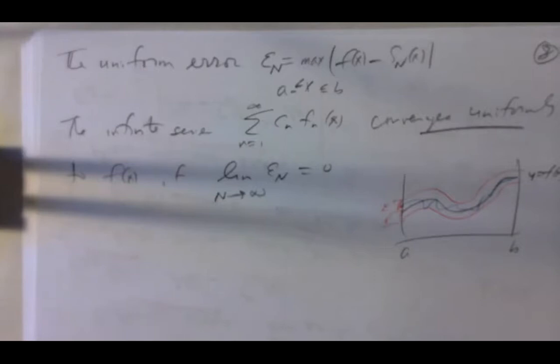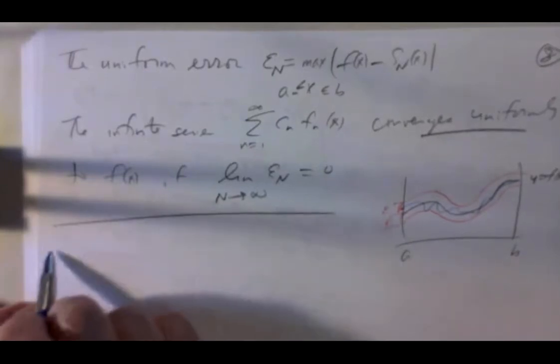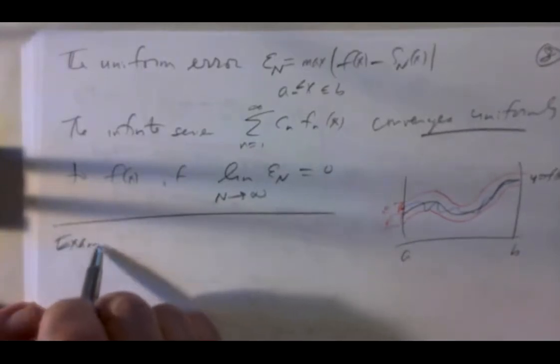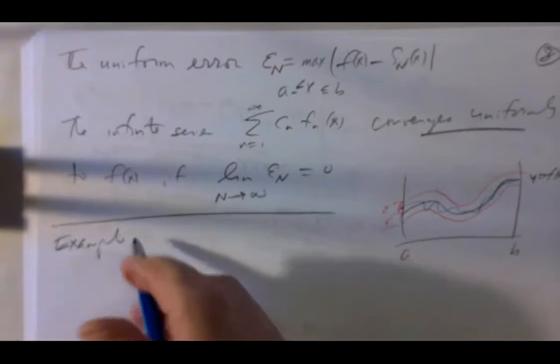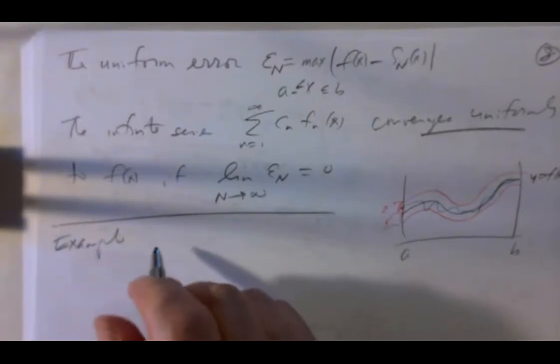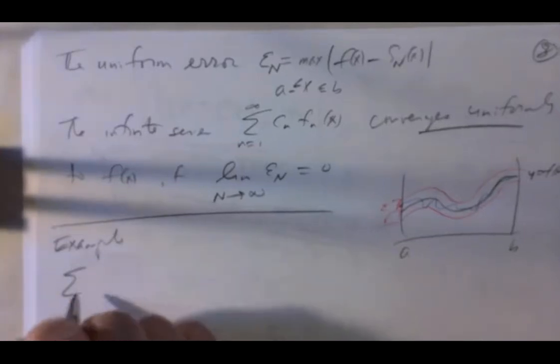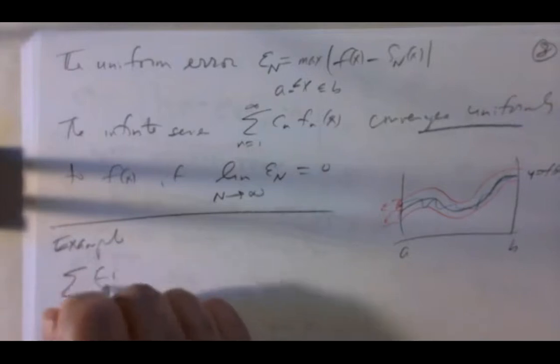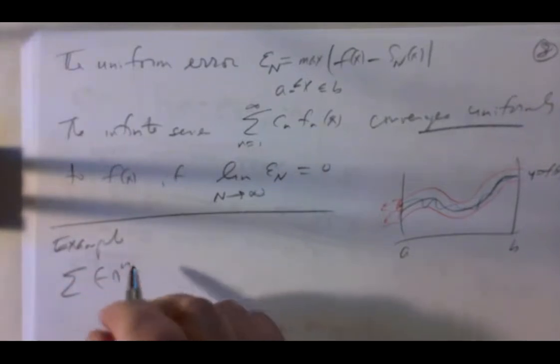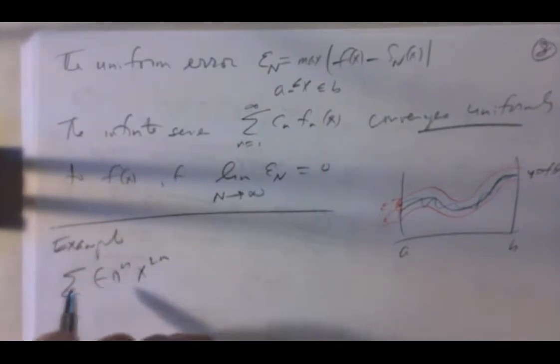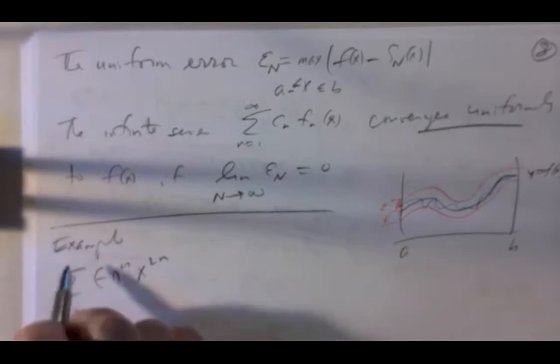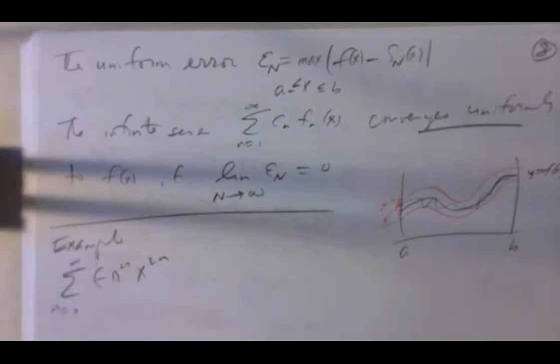So let me do an example of these three types of convergences. Suppose we take the series summation minus 1 to the n, x to the 2n, as n goes from 0 to infinity.